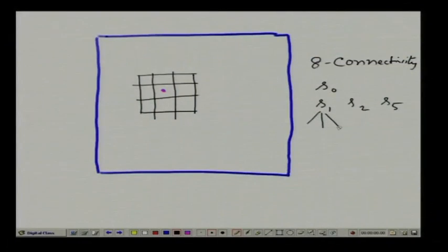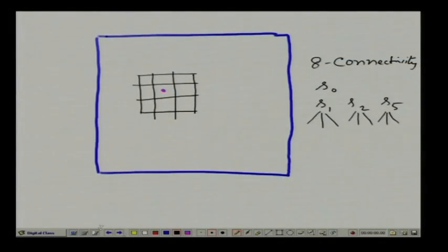If the intensity difference is small, I say that they are similar. If the intensity difference is high, I say that they are not similar. So, by this again I start growing the region from S1, from S2, from S5 and so on. And this process will stop when no more new point can be included in the same group.